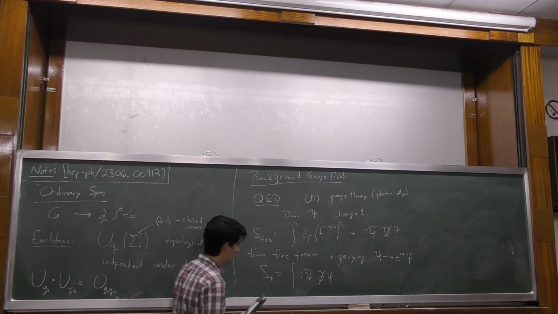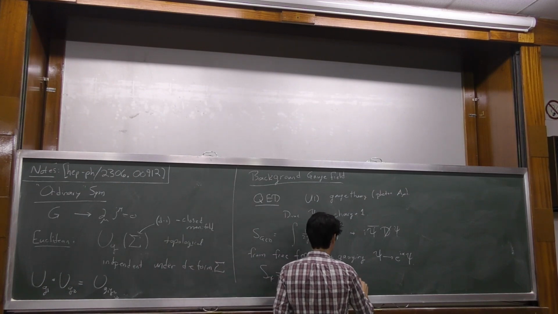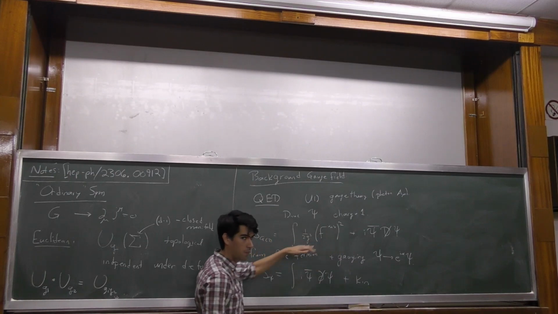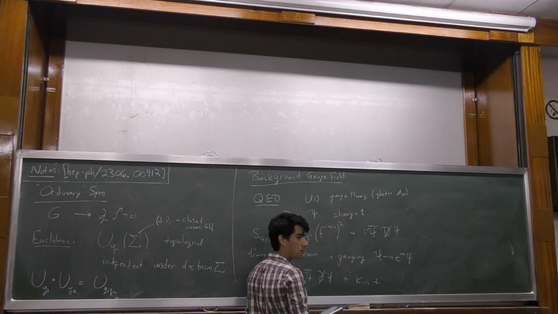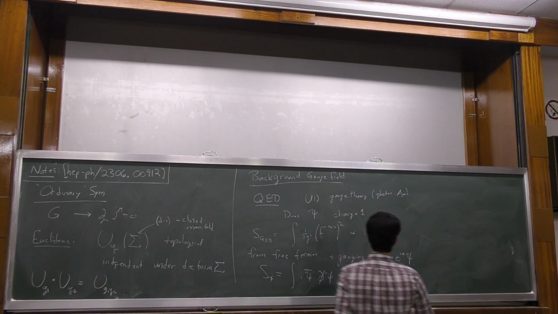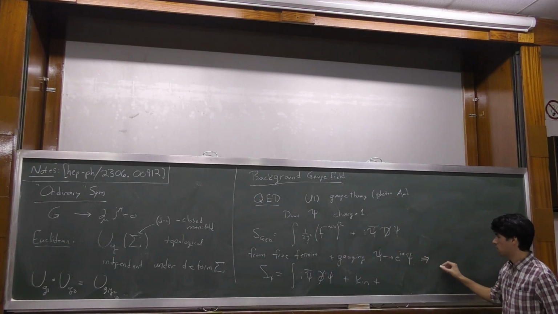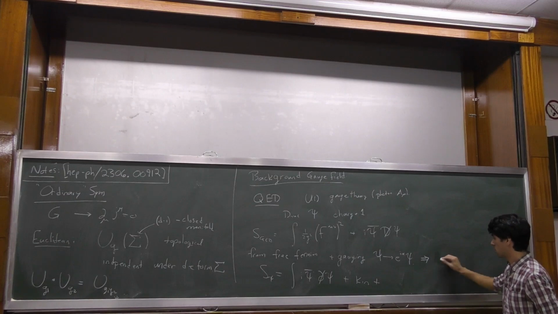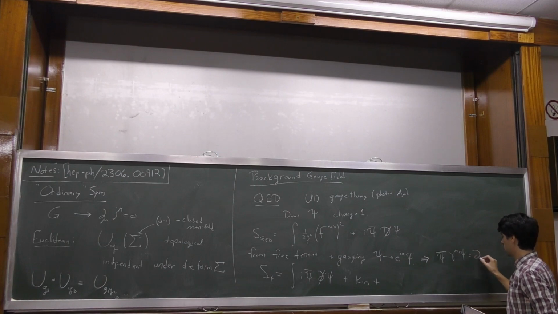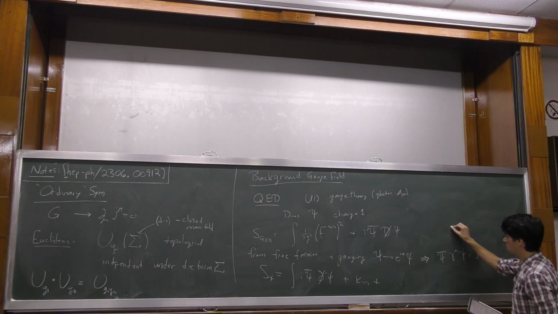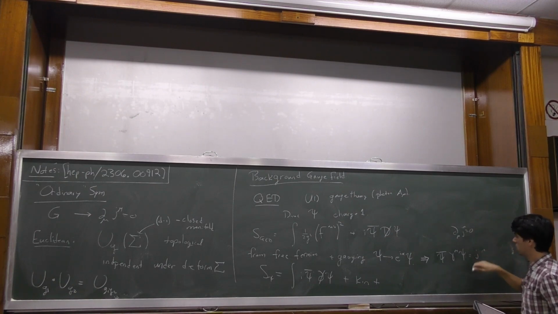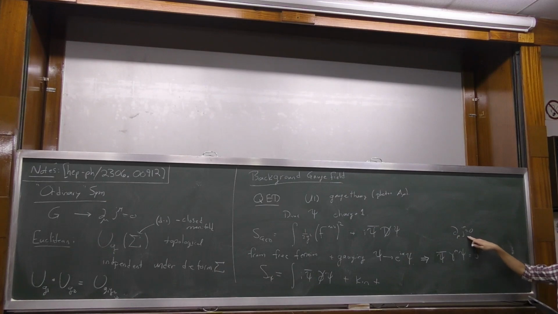The way you do this gauging is first you add the kinetic term for the gauge field, and then you couple a photon to the associated conserved current. This symmetry has a conserved current that you can compute, which looks like psi bar gamma^mu psi. And this is conserved because it is literally zero by the equations of motion. For free field theory, this is true as an operator equation.